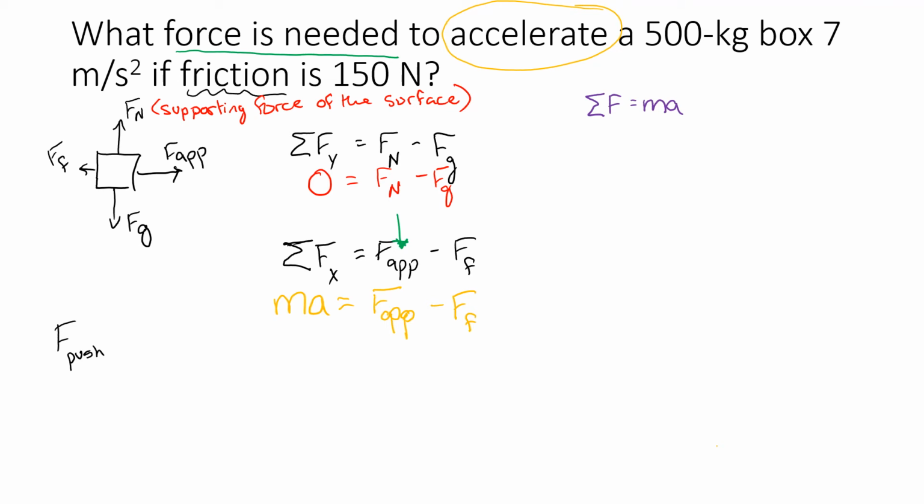What force is needed is saying, what force would we need to provide to this box in order to make it accelerate with this amount of friction? So we're looking for the applied force. Pause the video and see if you can go from there.